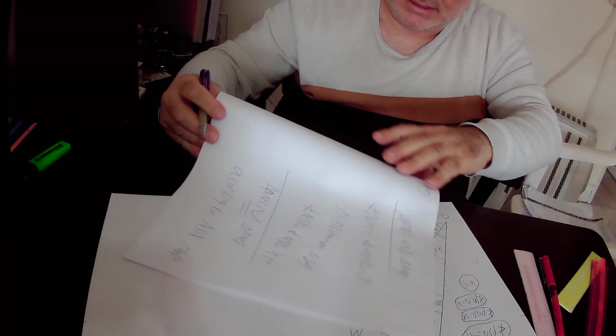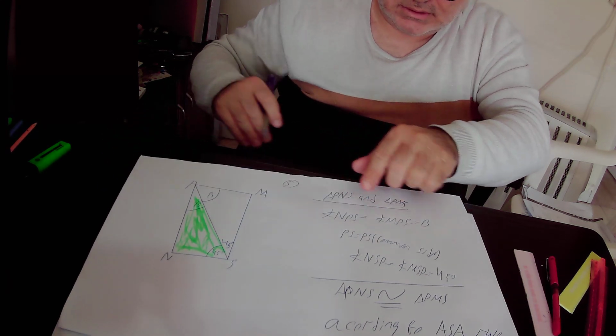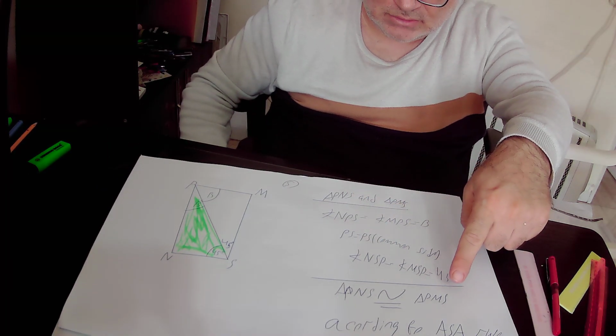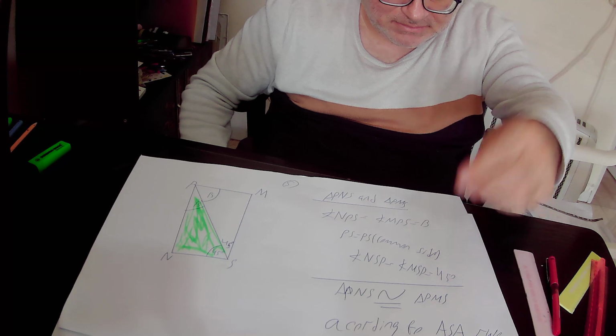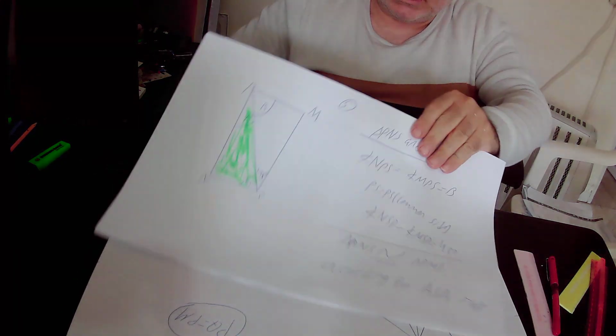So I'll repeat again. We actually proved that the green triangle, triangle PNS, is congruent to the white triangle, triangle PMS, according to angle side angle rule. So what is angle side angle rule?